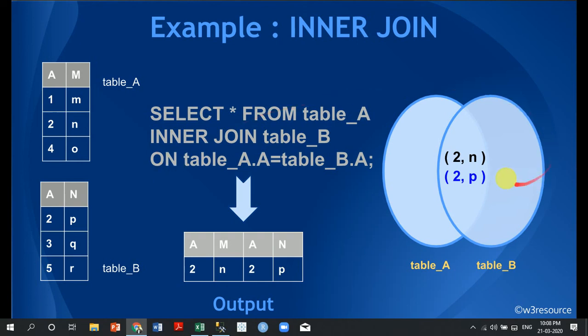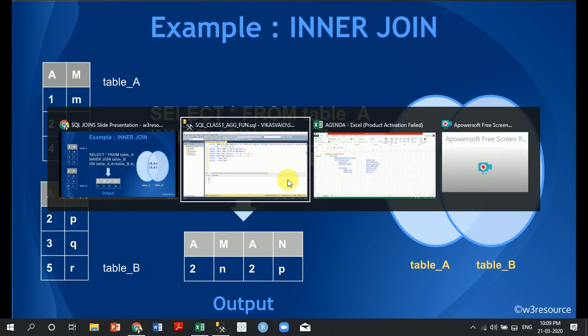It is just giving me the common records. And why is it giving me the common records? Because I have tested the equality on the basis of this first column, column 1. So on the basis of this first column, it will give me the desirable result. So let's understand practically.